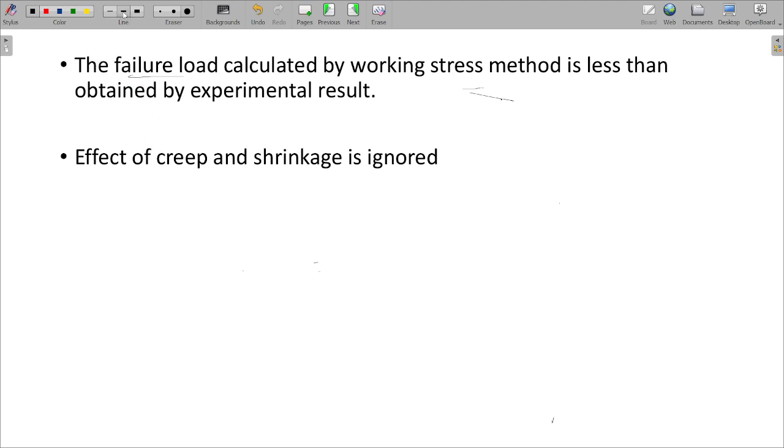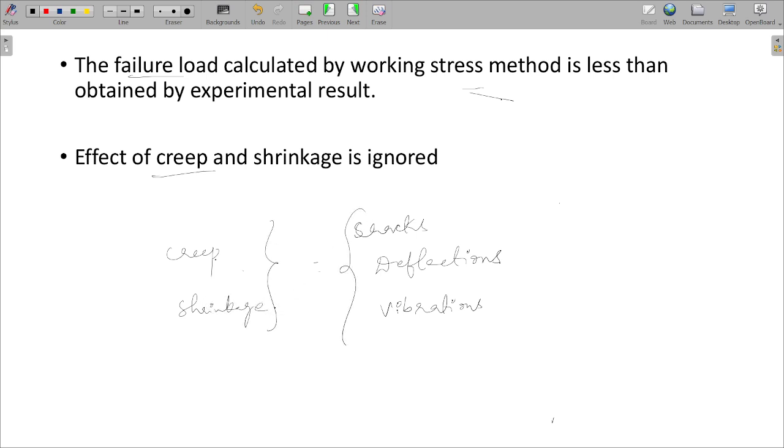When the building is put into function, many factors arise like cracks, deflection, vibrations, and also after a particular point of time at constant loading, deflection occurs, creep and shrinkage. All these things we are not considering in the design using the working stress method. So this is also one of the biggest drawbacks of working stress.